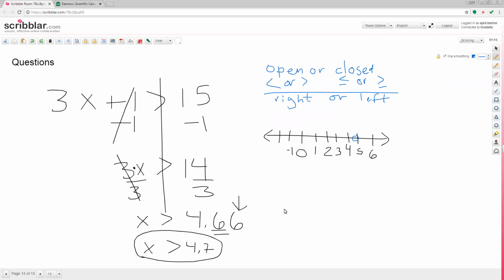To the right. Bigger than on the number line is everything to the right. So that's always true. Greater than or equal to, say to the right, and less than or equal to, say to the left. So each symbol tells you two things. Greater than told us open dot and shade to the right.